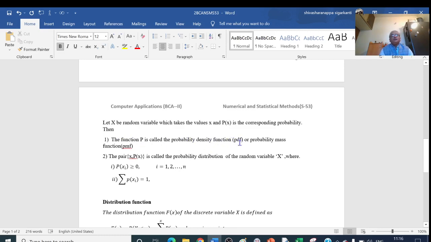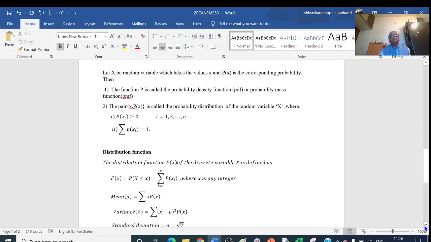Usually we use this PDF. And the pair x comma p of x, that is the value of the random variable and the corresponding probability, is called the probability distribution of the random variable x. And here p of xi is greater than or equal to 0, and the summation of p of xi is always equal to 1.